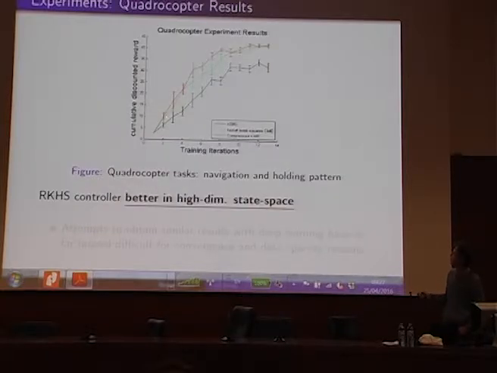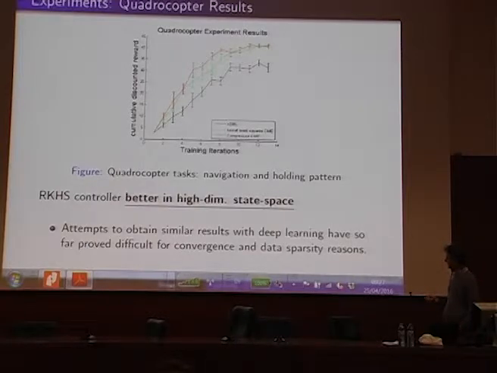Again, you're able to learn the effect of your actions on the states and how to optimize the reward that you get in a relatively small number of training iterations using this reproducing kernel Hilbert space controller. And this is a little dig at deep learning, that it proves quite difficult to do this for deep learning for various reasons, but the data sparsity, this is learning with relatively small amounts of data.